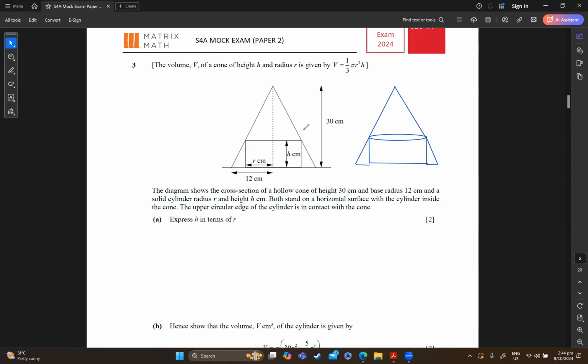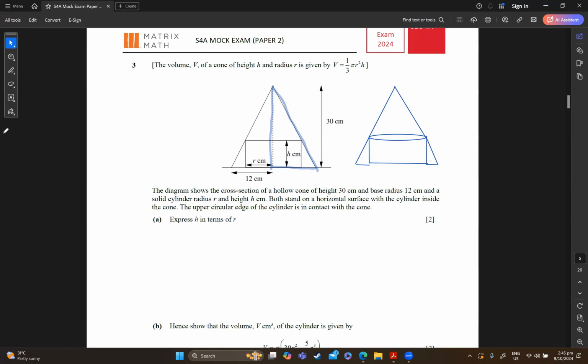Okay. So how you want to do this, right? You have to apply similar triangles. Now, if you look at this triangle in particular, okay, so this highlighted triangle has a height of 30 cm and a base of 12 cm.